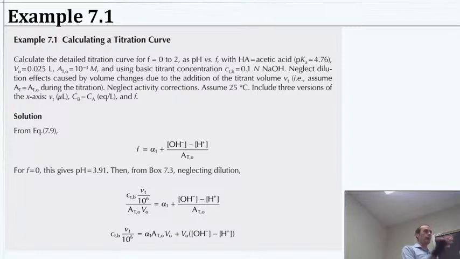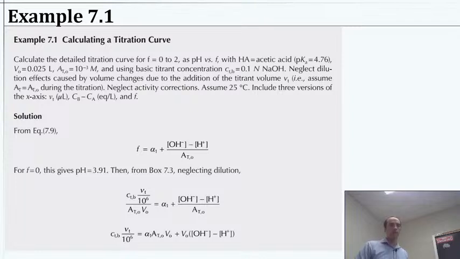So that just gave us the x-axis range as pH versus F, with HA as acetic acid, the pKa of 4.76, an initial volume of 0.025 liters, total acid concentration of 10 to the minus third molar, using a basic titrant concentration of 0.1 normal NaOH. We're going to neglect dilution and neglect activity, assume 25 Celsius.